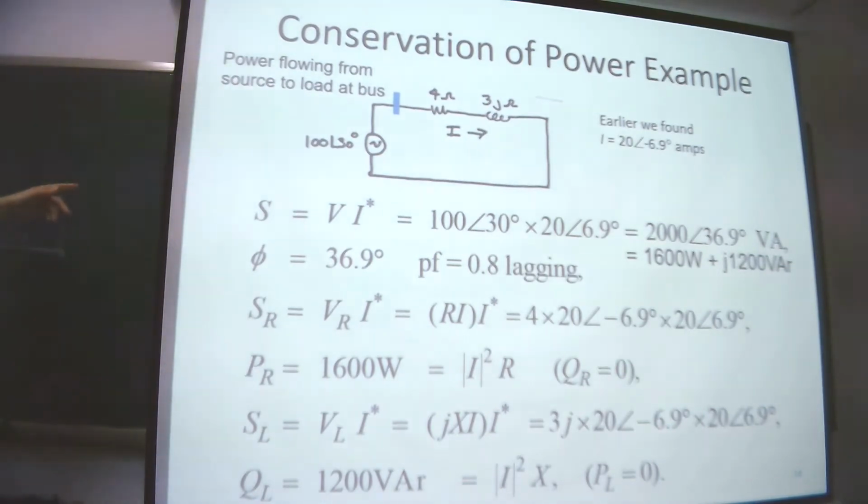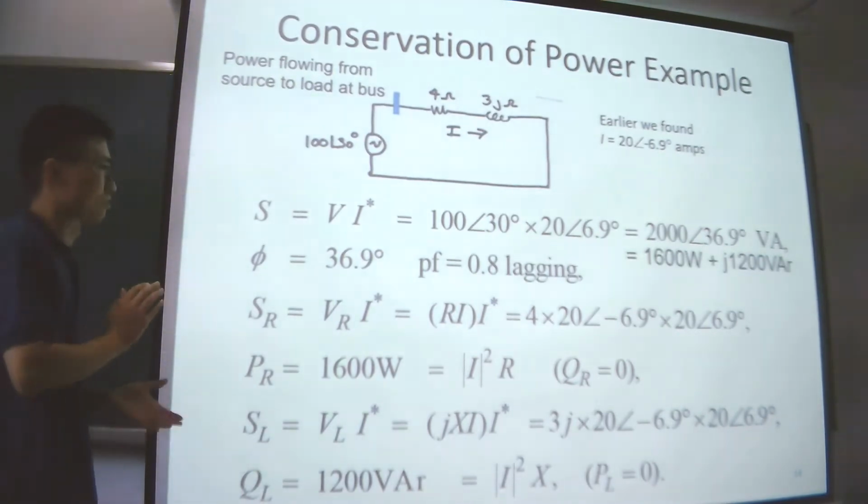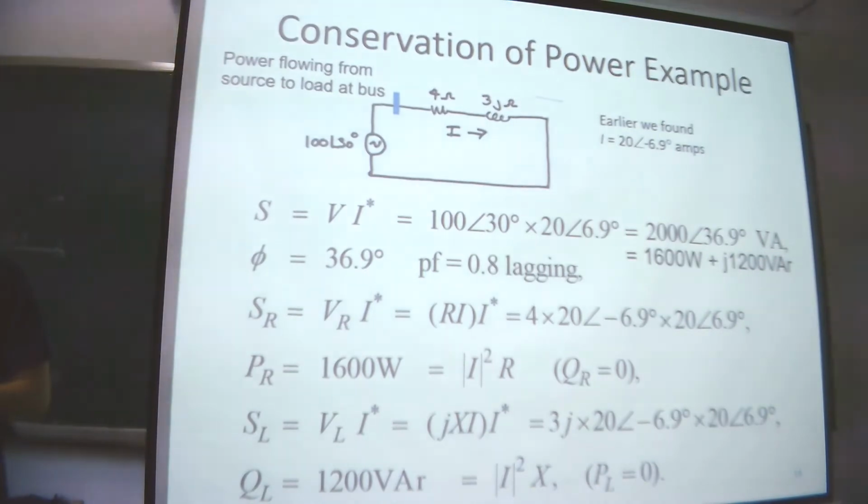Even in this example, the resistors and the inductors will produce a real part, and the angle is 37 degrees. This is lagging. Of course it's lagging, because phi is positive.